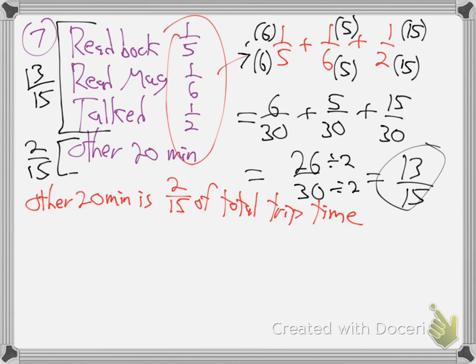The other 20 minutes is 2/15 of the total trip time, because all that other stuff is 13/15. Can I write an equation from that? Just direct translation. So take those words, drop them straight down, and write an equation.